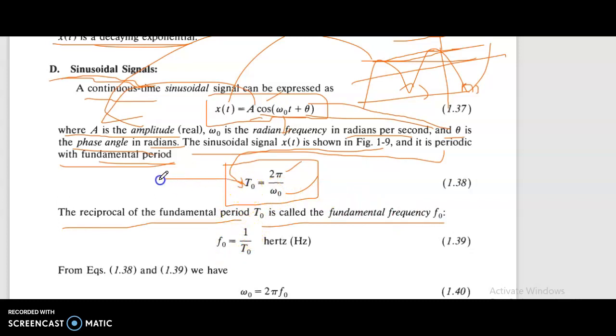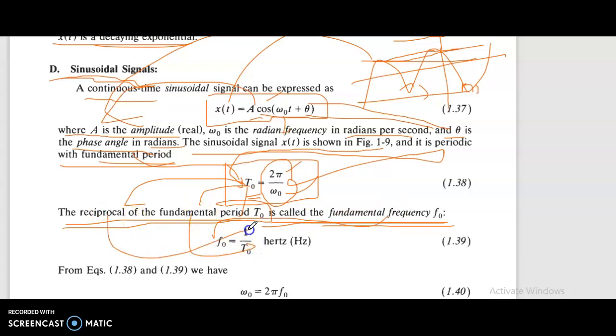So f naught equals 1 by T naught, in hertz.